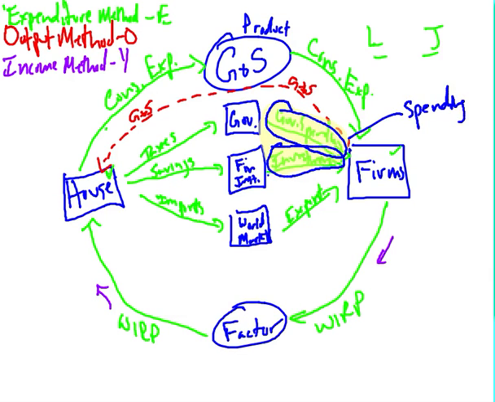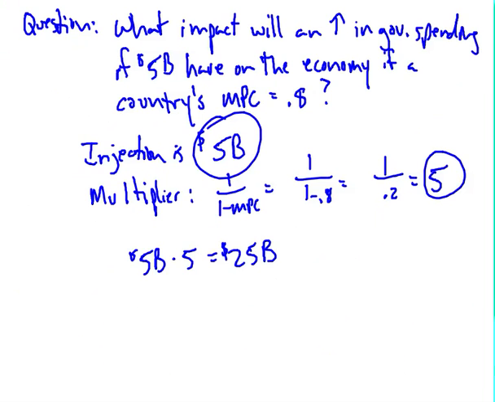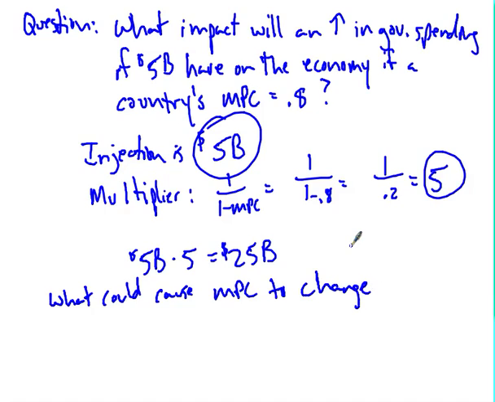All right, and so when we come over here, ask yourself what could change, what could cause the MPC to change. Because it's not always going to be 0.75 or 0.8 or whatever it is. Certainly things can cause it to change. The Great Recession that we had starting in 2008, what do you think happened to the MPC?